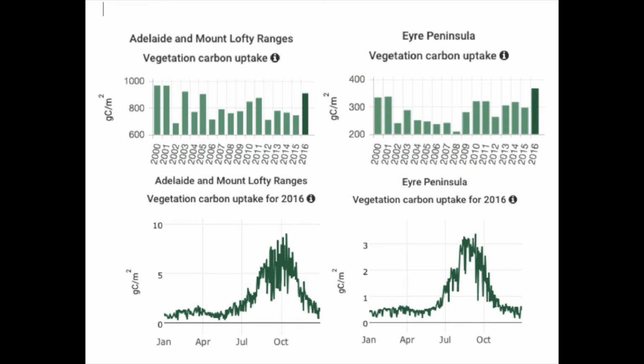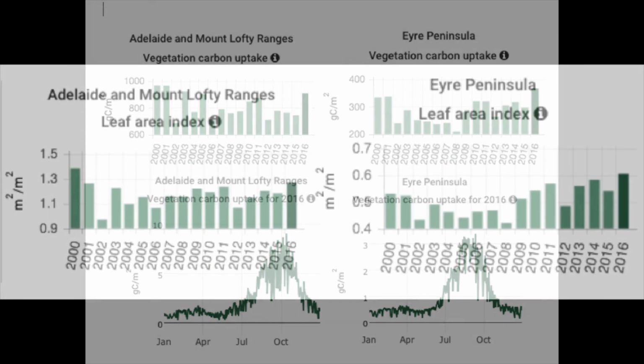The analysis has shown that the Eyre Peninsula has a lower gross primary production compared to the Adelaide Mount Lofty Ranges. The Eyre Peninsula had a vegetation carbon uptake of 360 grams of carbon per metre squared, and the Adelaide Mount Lofty Ranges was 900 grams of carbon per metre squared. The Eyre Peninsula vegetation carbon uptake peaked in late August, whereas the Adelaide Mount Lofty Ranges peaked in early October.